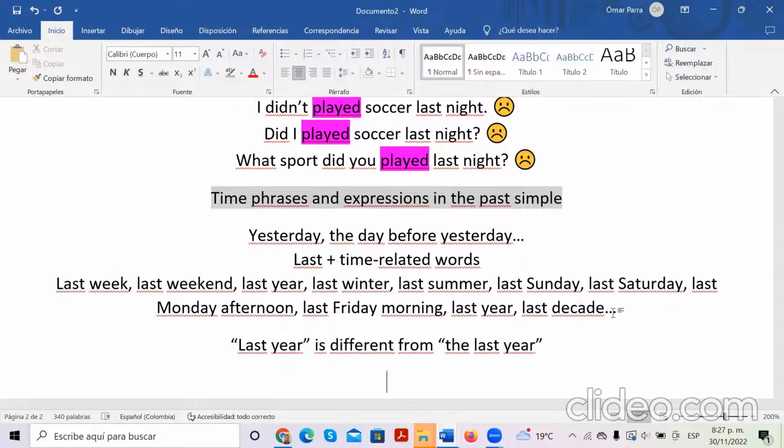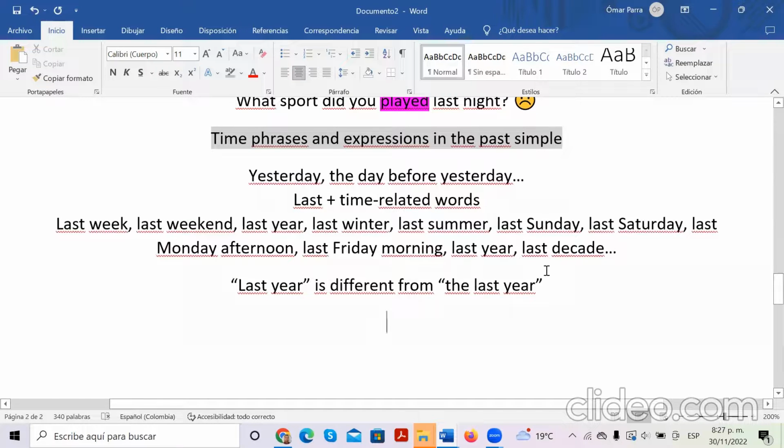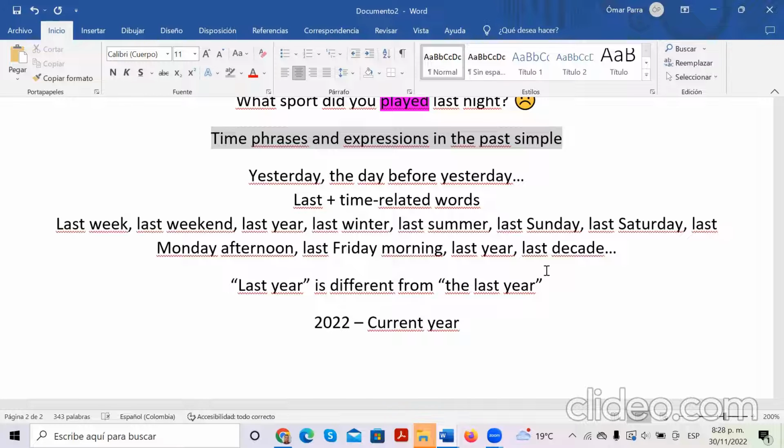There is a great deal of difference between last year and the last year. Right now, according to our Gregorian calendar, we are in the year 2022. 2022 is the current year. Now 2021 is last year. But if we say 2022, it is the last year.